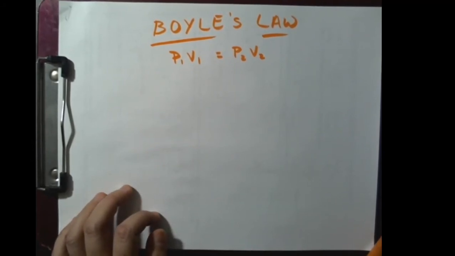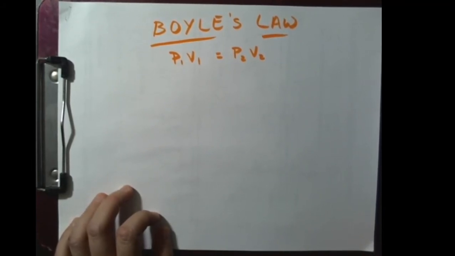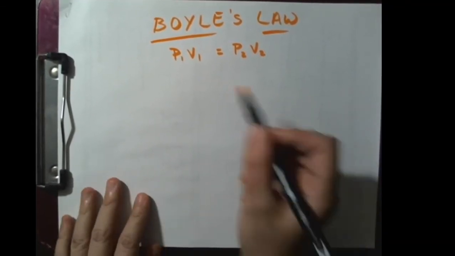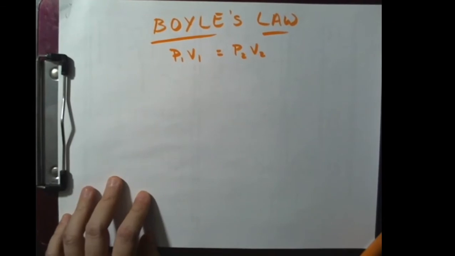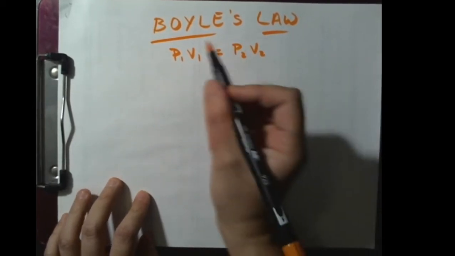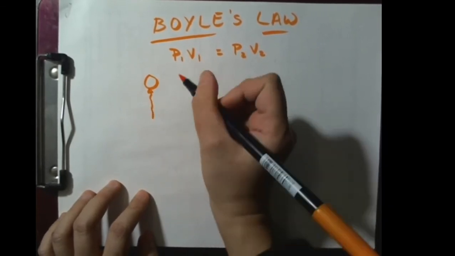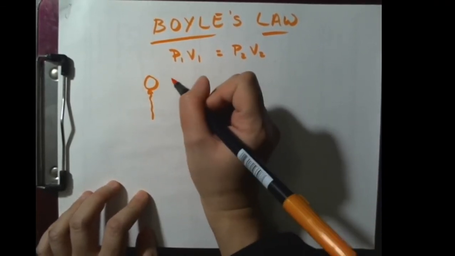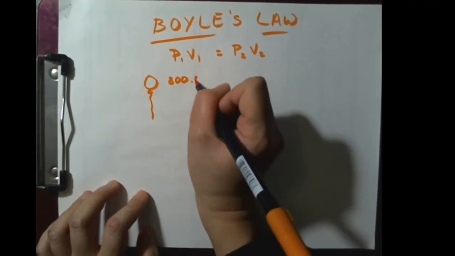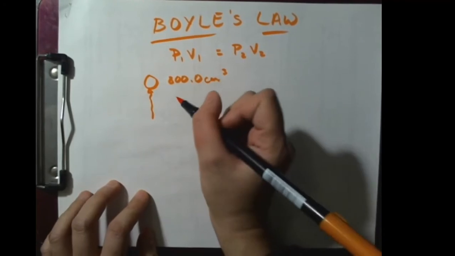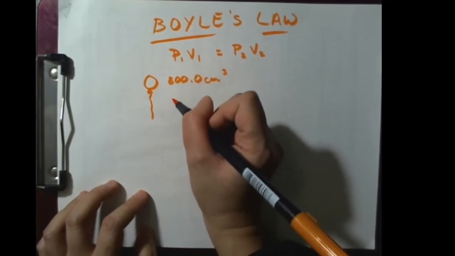So there's a lot of information given for this first question, and we should probably break it all down. First we have a balloon that has a volume of 800 centimeters cubed at standard atmospheric pressure.